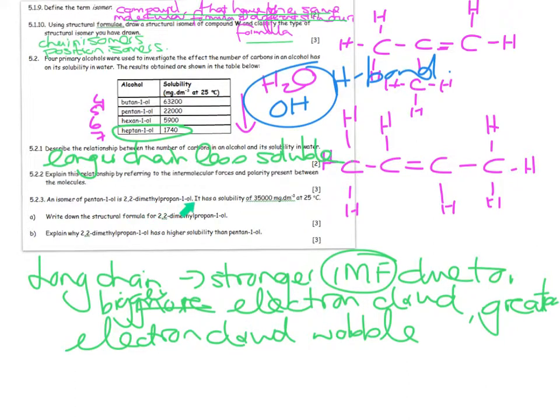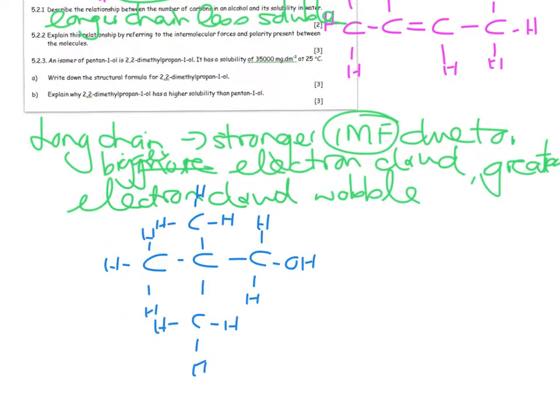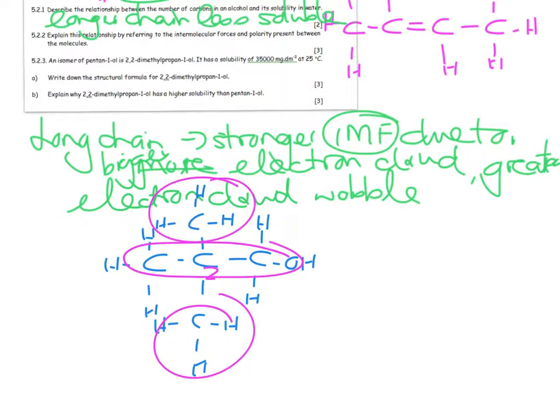An isomer of pentanol, 2,2-dimethyl propanol, has a solubility given over there. Write down the structural formula of that particular molecule, and it's going to look something like this. So we have got a 3-carbon chain with 2 methyl groups hanging off carbon number 2, and we've still got the alcohol group on carbon number 1.